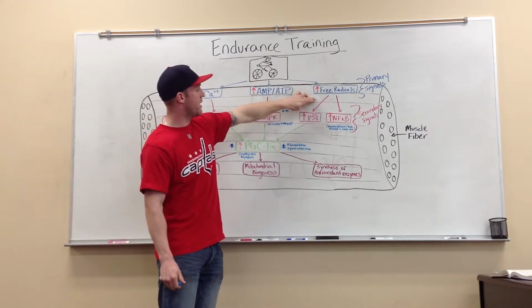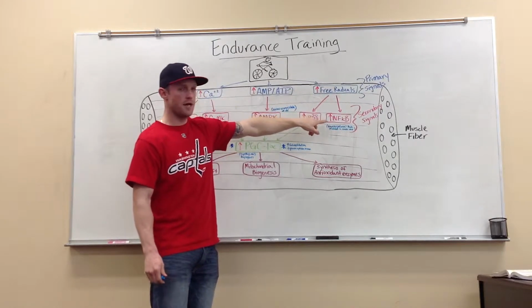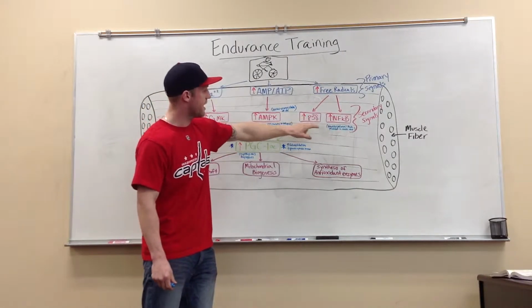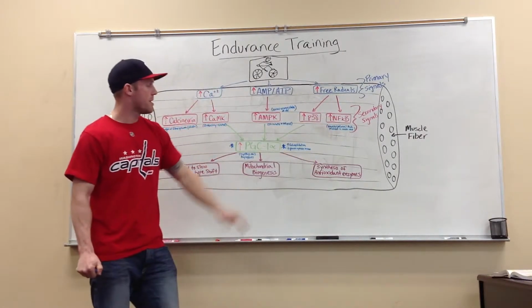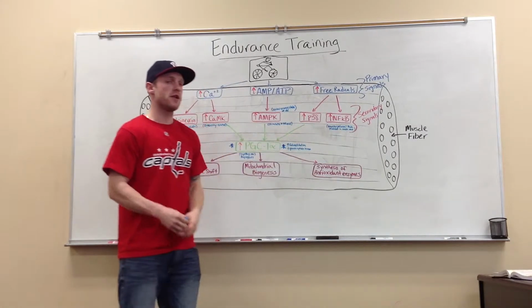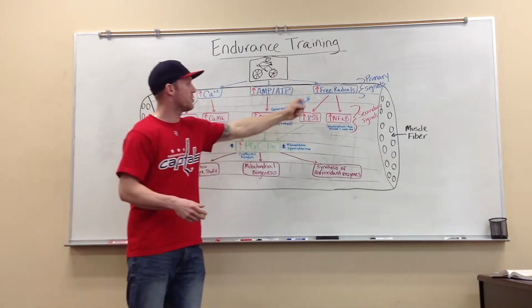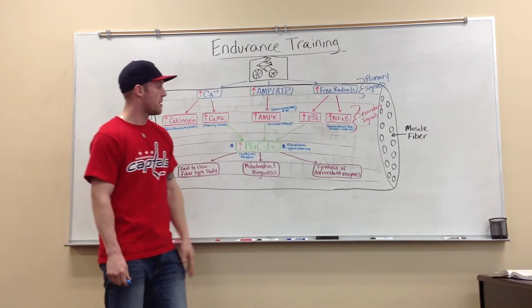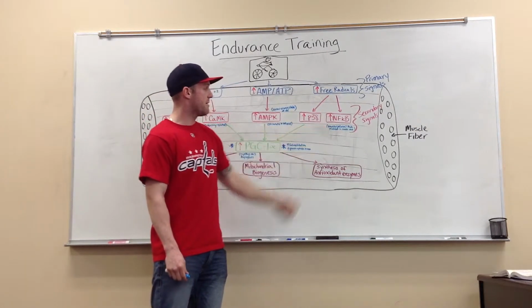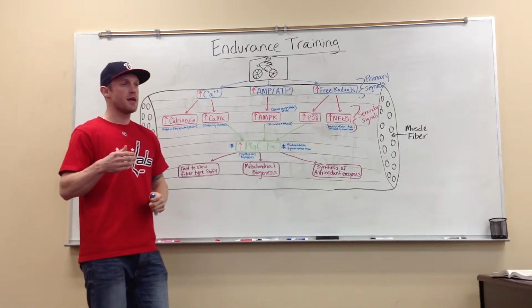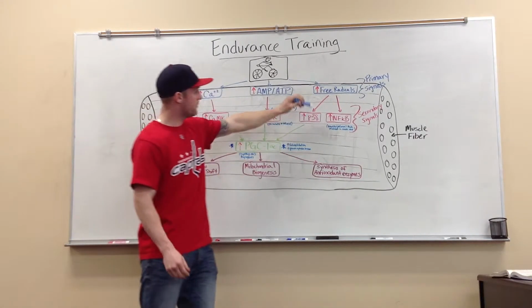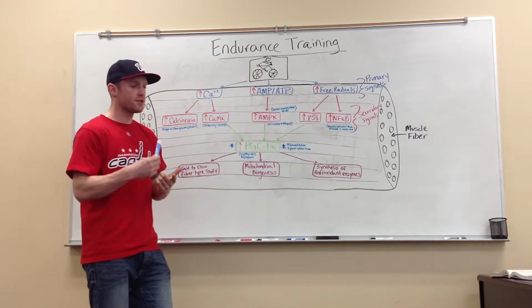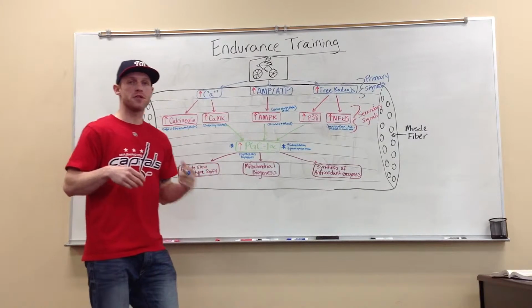Now from your free radicals, you have two enzymes that are produced to help with free radical protection: p38 and NF-κB. There's not really a lot about p38, just know that it's a protective enzyme that helps with protection against free radicals and also helps with the stimulation of PGC-1 alpha. Then you have NF-κB, which again helps with the free radicals, but it's also a transcriptional activator produced in contracting muscles.